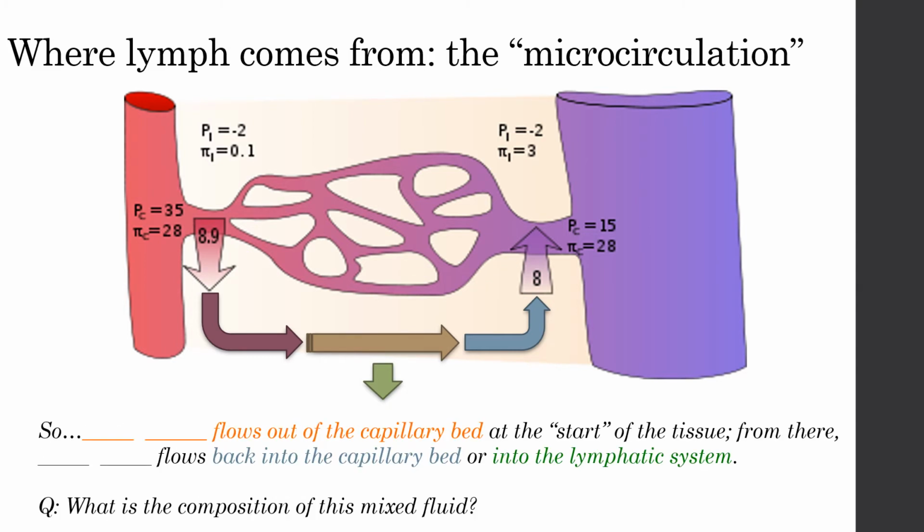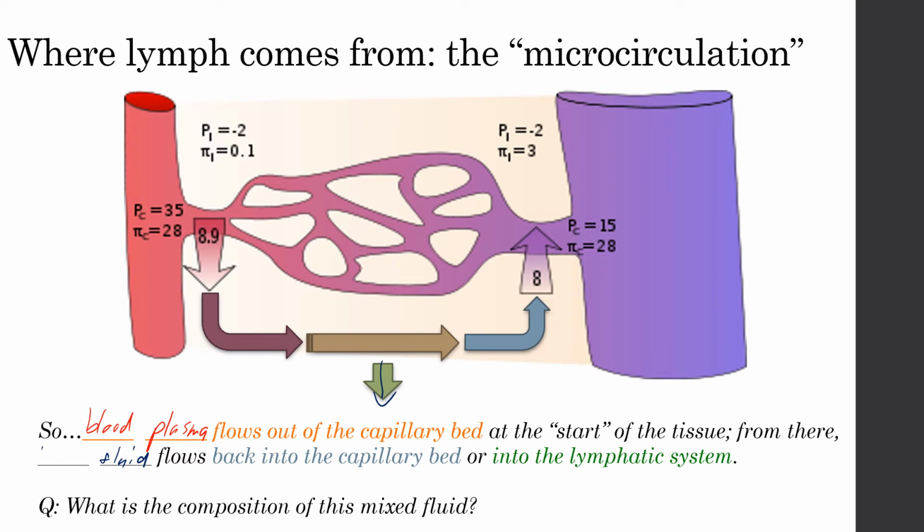Okay, so to summarize, blood plasma flows out of the capillary bed at the start of the tissue. Interstitial fluid flows back into the capillary bed, or it flows into the lymphatic system. So what is the composition of this mixed fluid?